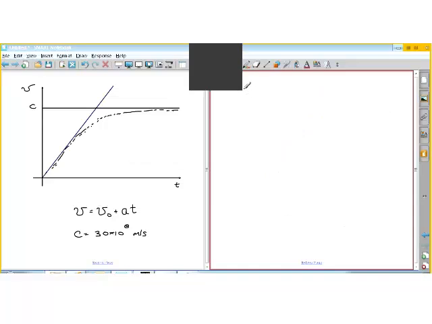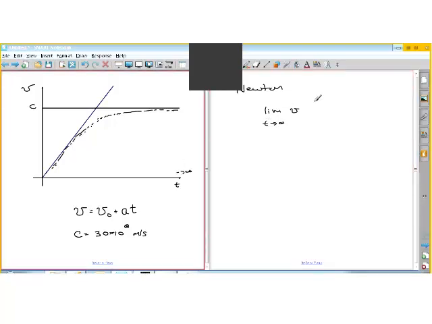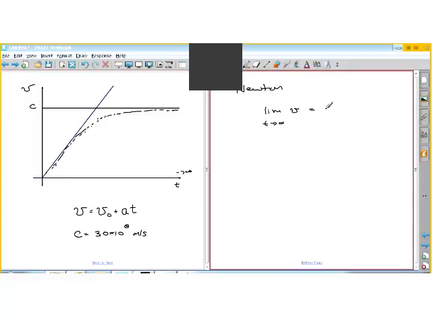So the Newton theory says that the limit of v as t approaches infinity, it's going up to infinity, equals infinity. It just keeps going forever. So it does not exist. You can go at any speed. Whereas Einstein, is that the right way to spell it?